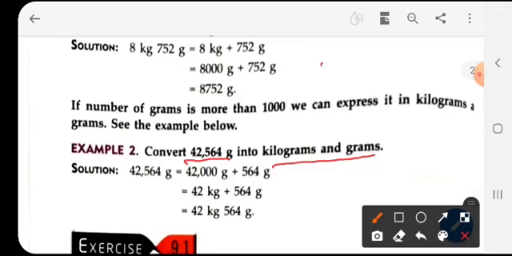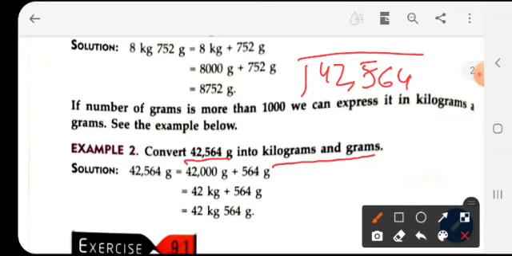Now 42,564 is to be converted into kilograms and grams. So what are we going to do? We are going to divide by 1000. So we take 4 numbers together.